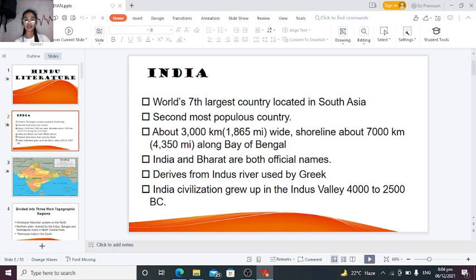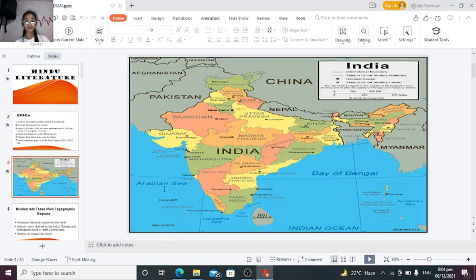India and Bharat are both official names. India derives from the Indus River, used by the Greeks. Indian civilization grew up in the Indus Valley around 4000 to 2500 BC.